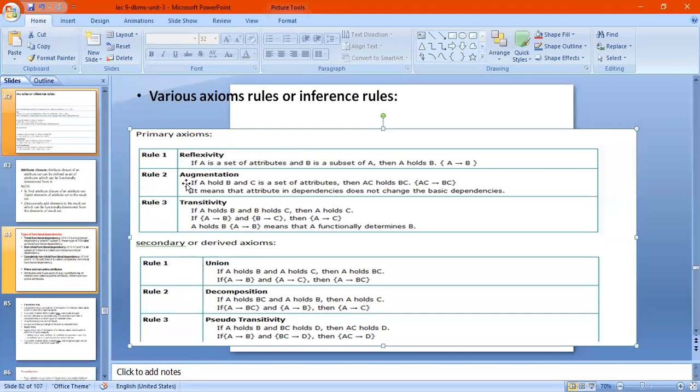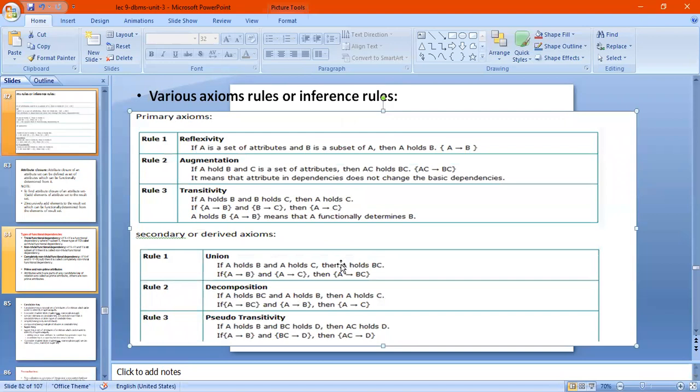Okay. Now, reflexivity. What is reflexivity? Let us go through that. If A is a set of attributes and B is a subset of A, then A holds B. Augmentation: if A holds B and C is a set of attributes, then AC holds BC.